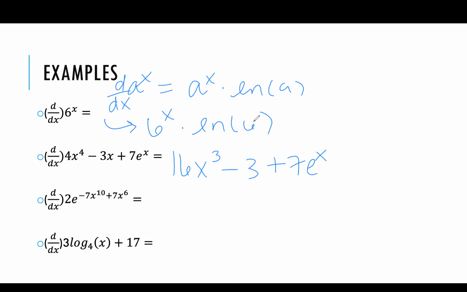So for this one, we want to do the chain rule. The derivative of the outside, e to the x, is just going to be e, and you keep the inside function the same.